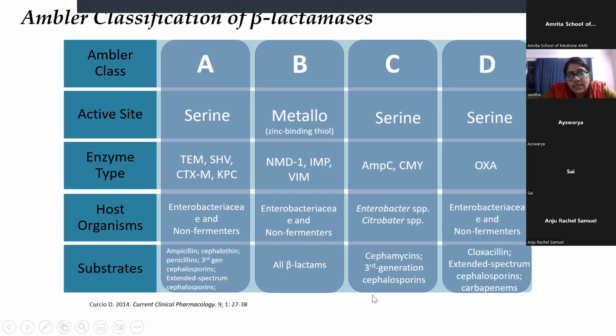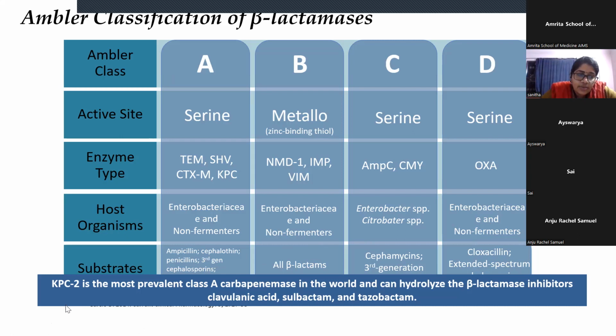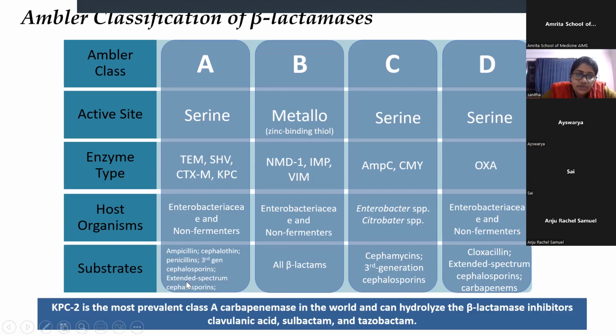Enterobacteria harbor all four types of beta lactamases, which is really a concern. And there is Klebsiella pneumoniae carbapenemase 2, the most prevalent carbapenemase in the world, and it can hydrolyze beta lactams, even beta lactamase inhibitors. So the clavulanic acid, sulbactam, tazobactam combinations are worthless in the presence of KPC-2 beta lactamase.